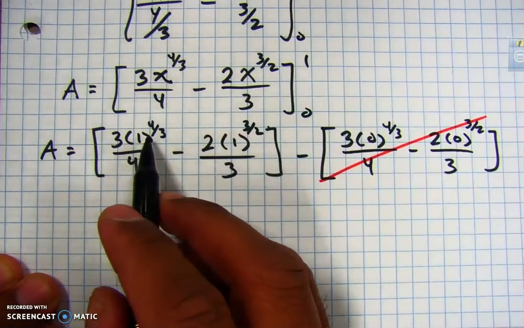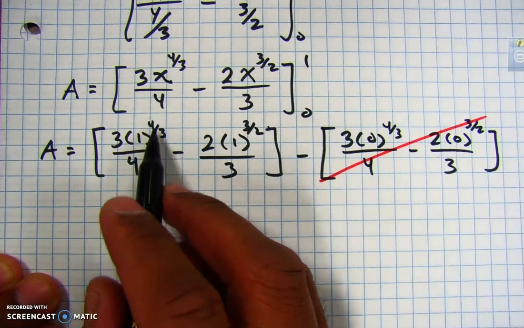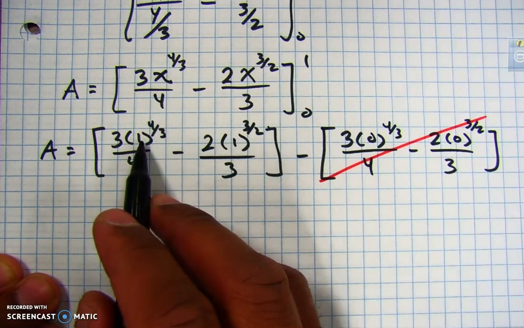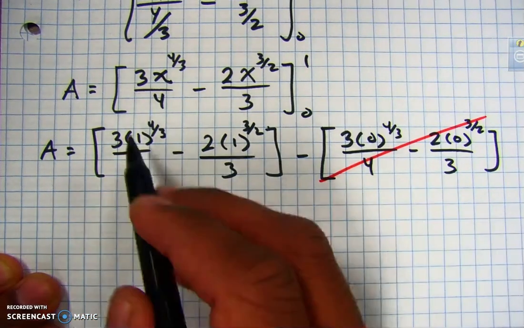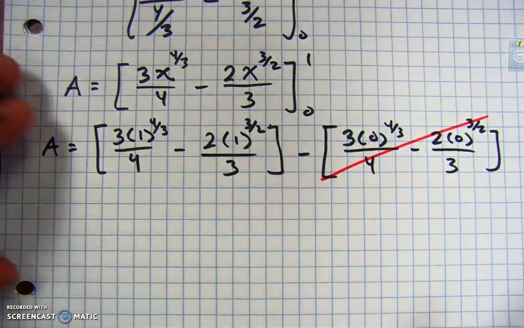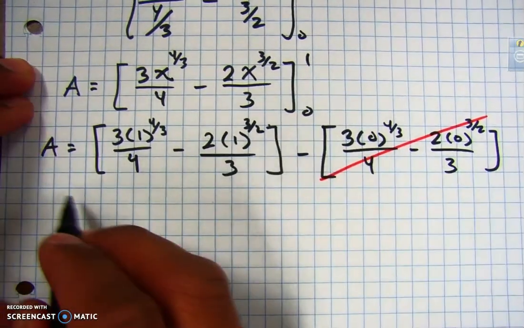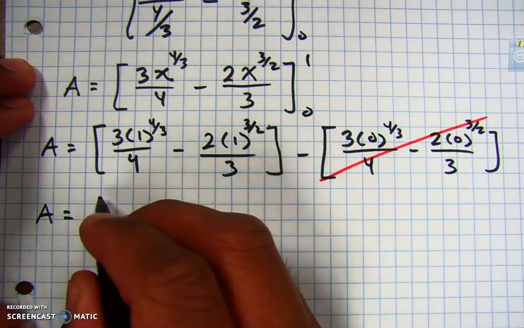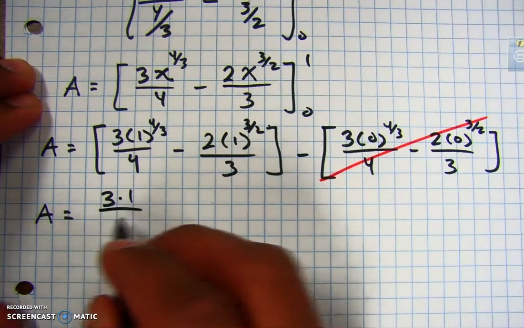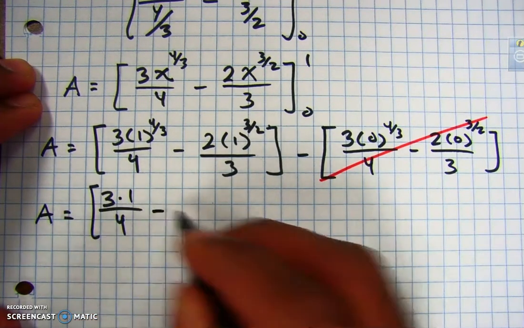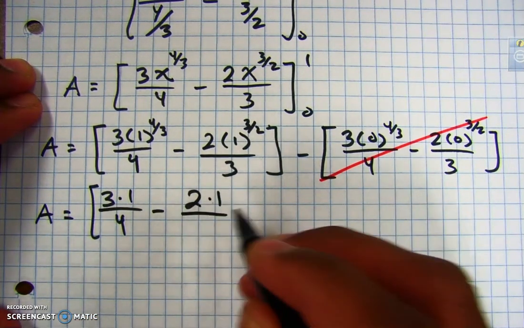Any exponent that has a base of 1 will produce 1. So 1 to the 4/3, 1 to the 3/2 is just 1. So this is just 3 times 1 over 4 minus 2 times 1 over 3.